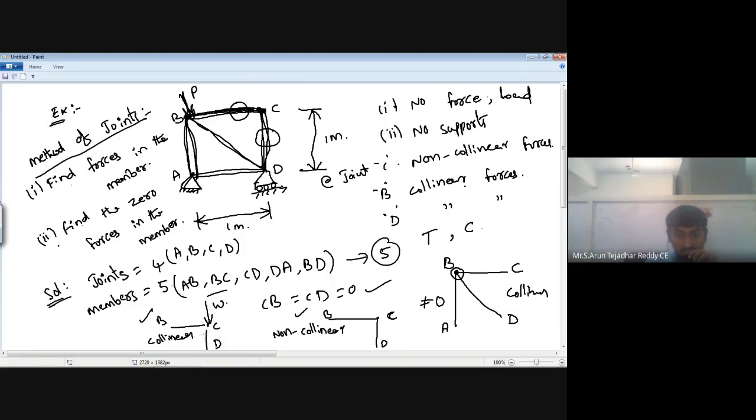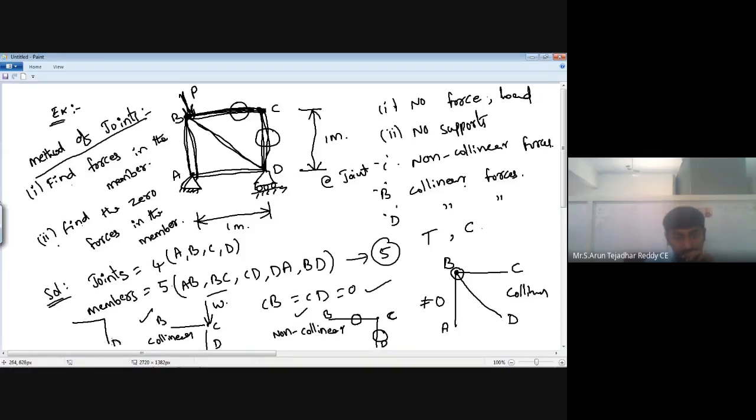Both are equal, but the only extra point is that I apply an external load here, so it is collinear. And here there is no external load as well as no external supports, so it is non-collinear. Obviously member CB is 0, member CD is 0.